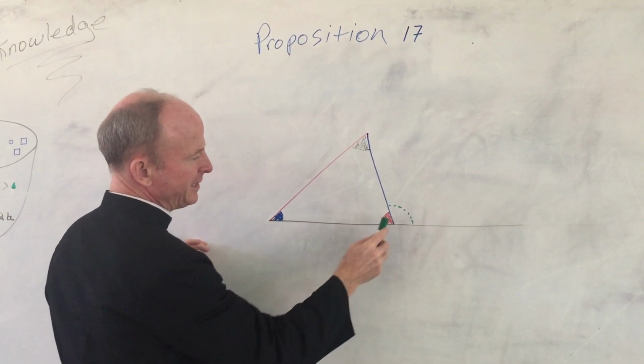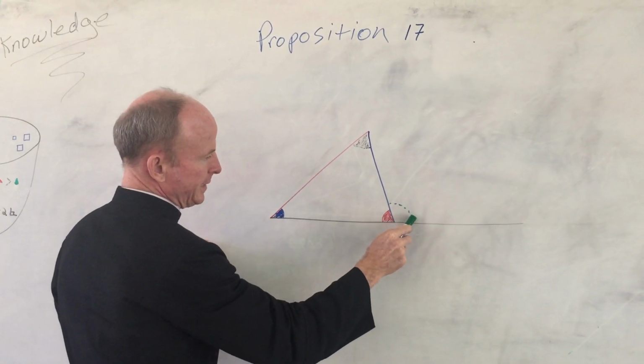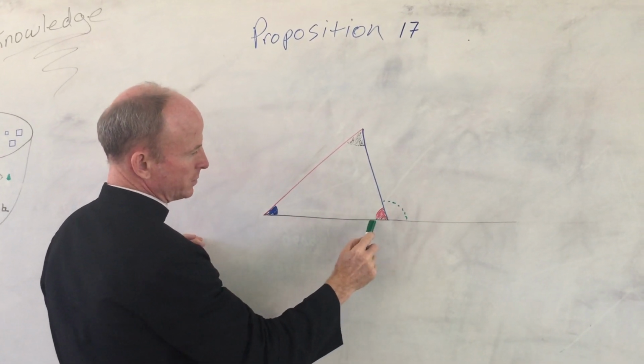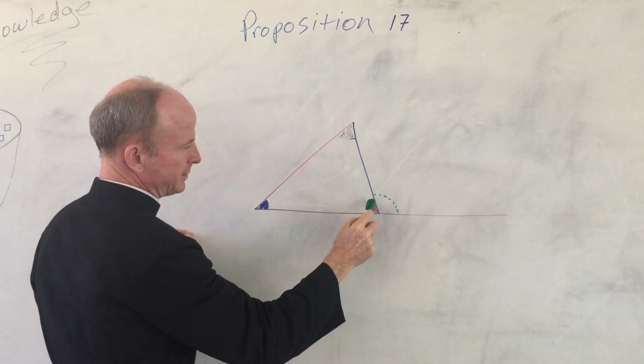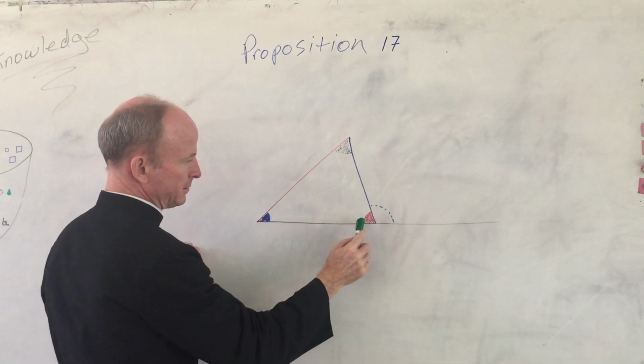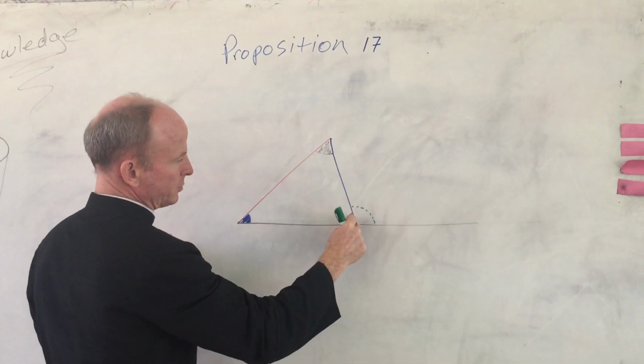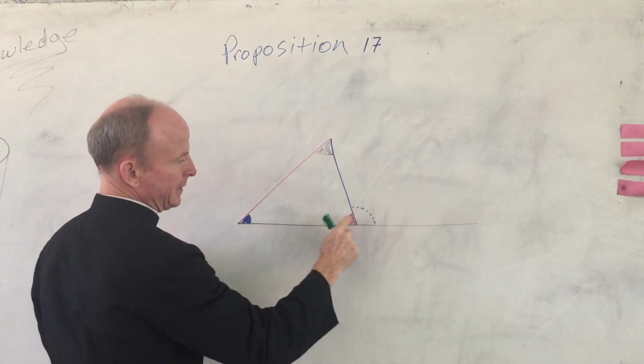We know that. Let's add this angle to both sides. So if this is greater than this and we add equals to both sides, we know that this and this are going to be greater than this and this because we added equals to both sides. But look here, we have a straight line falling upon a straight line, creating adjacent angles.